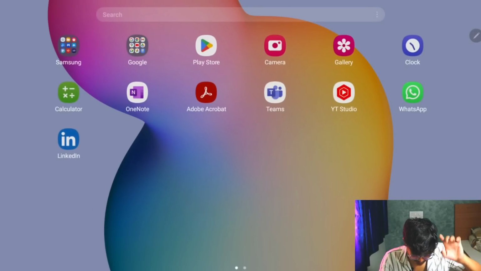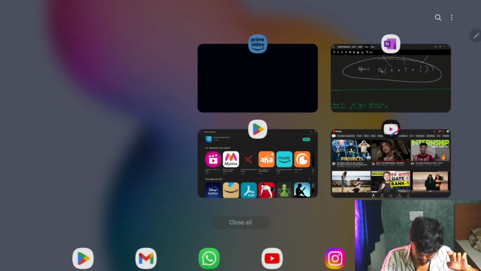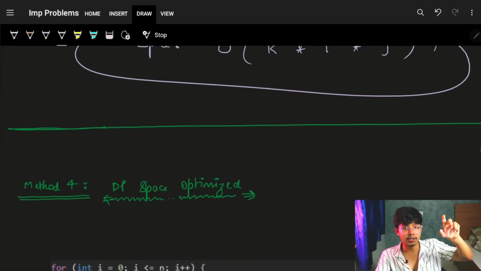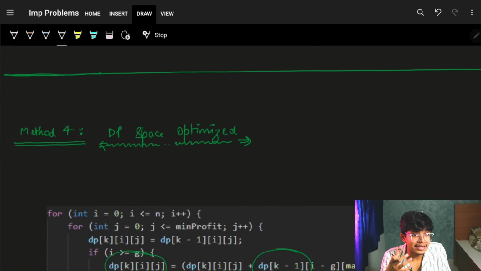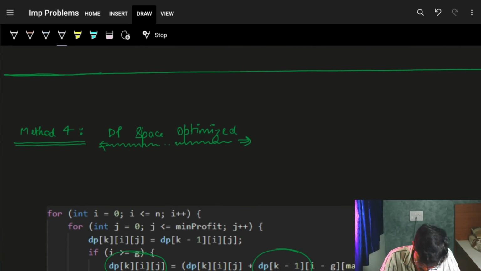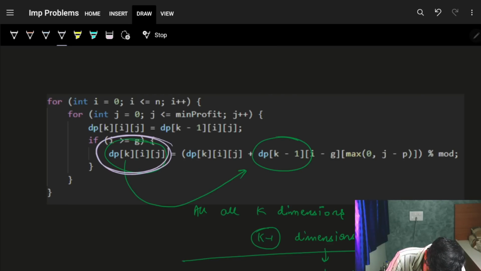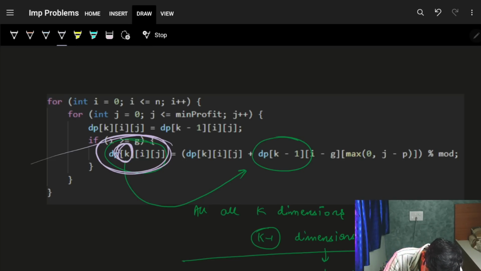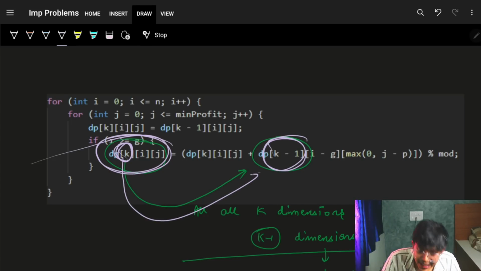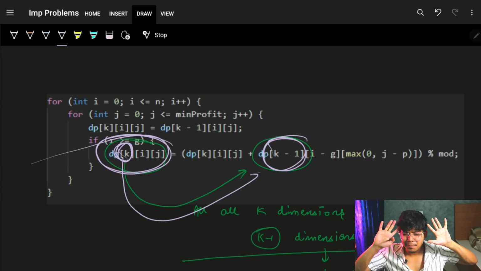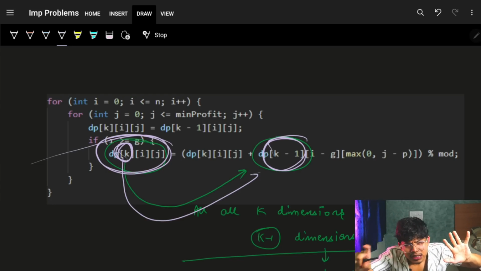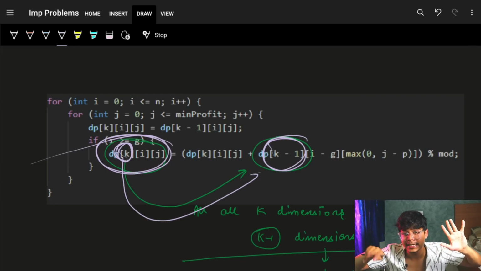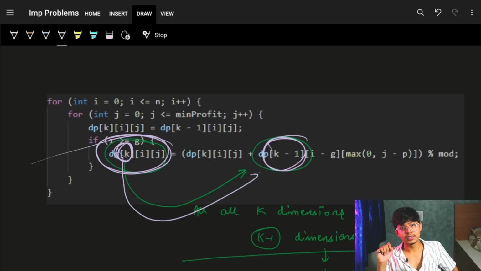But now to optimize that, if you carefully look at one thing in the previous code: to access my DP k, i, j, for this k, I am always looking at k minus 1, which means at a particular point of time, I am only concerned about the last state and nothing more than that.